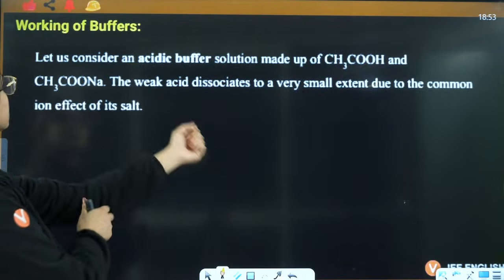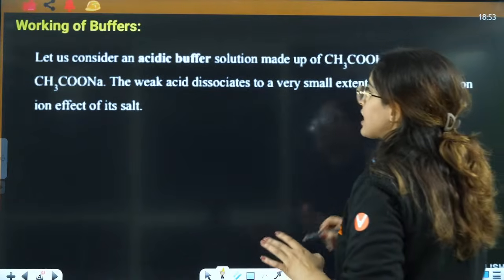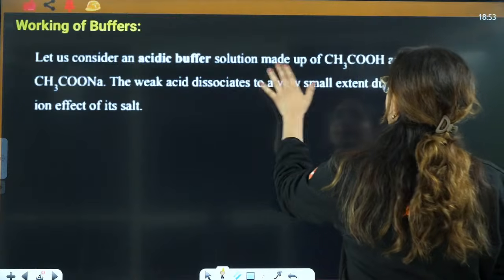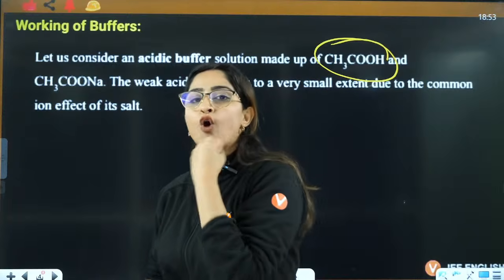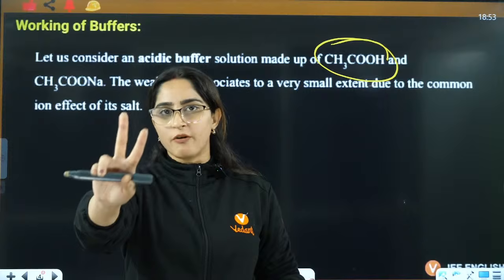So firstly, let's understand the working of buffers. Let us consider an acidic buffer solution made up of CH3COOH. Now how come the buffer is not changing its pH? Two things we will focus on for buffers.